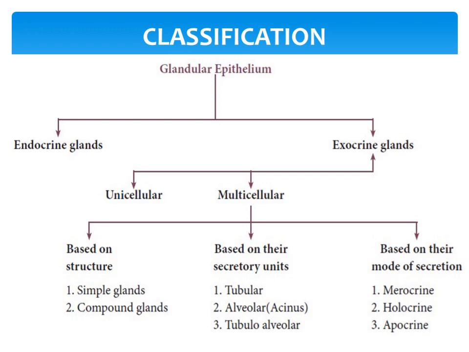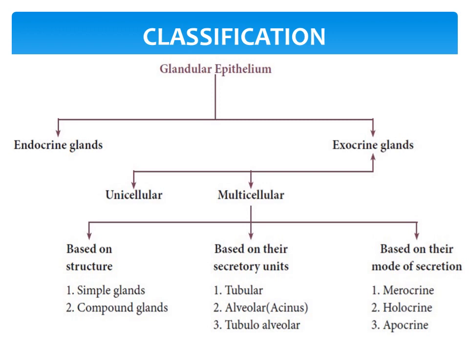First one, based on structure, they are classified as simple glands and compound glands. Second one, based on their secretory units, they are classified as tubular, alveolar or acinus, and tubulo-alveolar. And the third classification is made based on the mode of secretion.